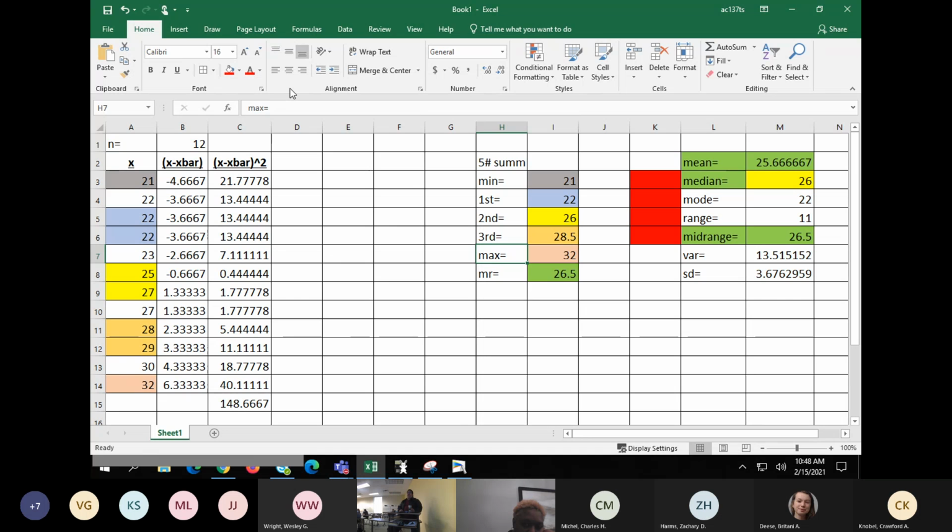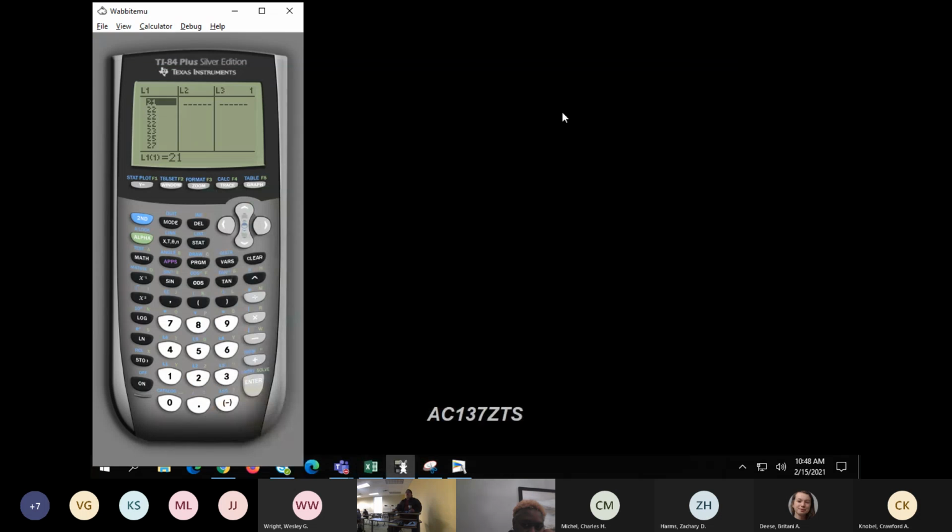Now, if your L1 is full, let me show you how to clear it. I don't want to clear it, but I'll show you how to do it. If your L1 or L2 has something in it, you arrow up to L1, hit clear, and enter. Don't hit delete. If you hit delete, you delete the whole column, and then you'll have L1 and L3, and that will drive some of you insane.